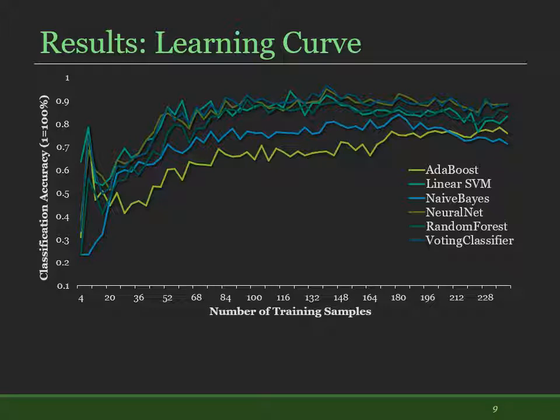Here we show that it is possible to train the classifiers with a limited number of training samples. In this graph, the x-axis shows the number of samples used for training, and the y-axis represents the accuracy of the classifiers, which is basically our total accuracy. We use various types of classification methods available in literature, such as neural networks and random forests, to make sure that we are utilizing the best possible classifier.